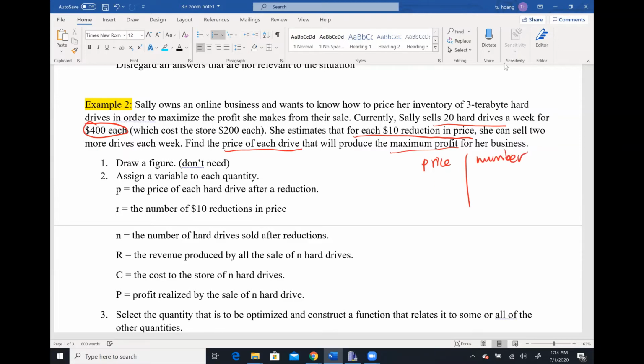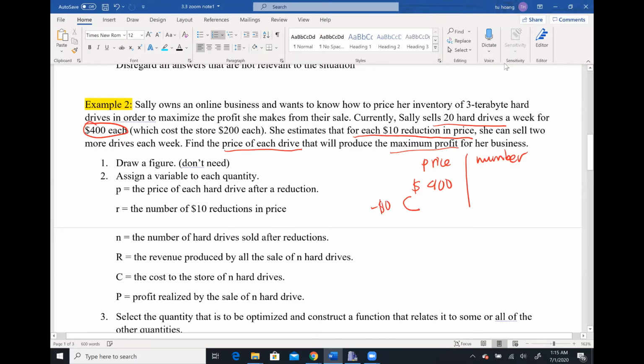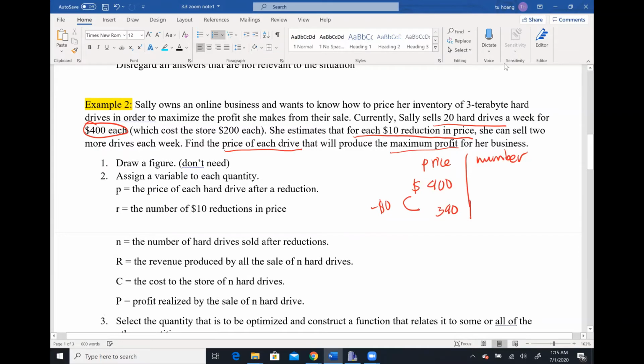So at first it was 400, right? And what happened if she has a $10 reduction? So 400 minus $10, she has $390 for the new price here.